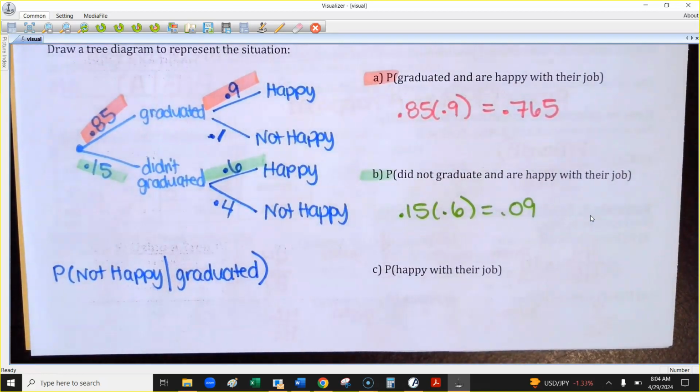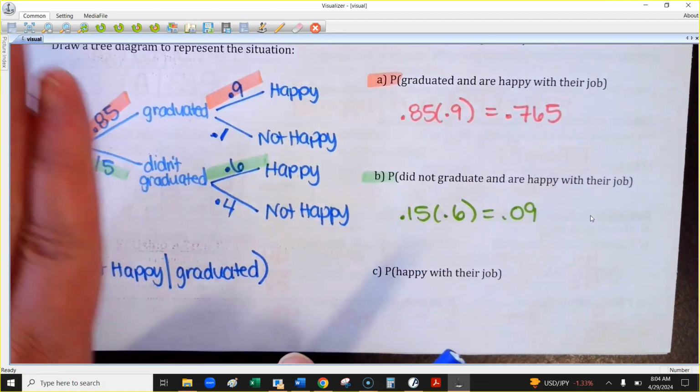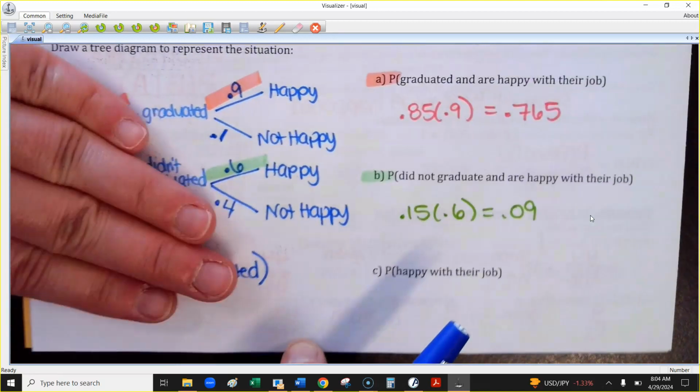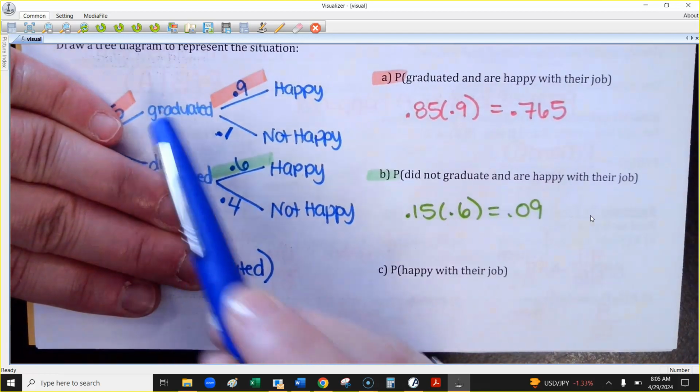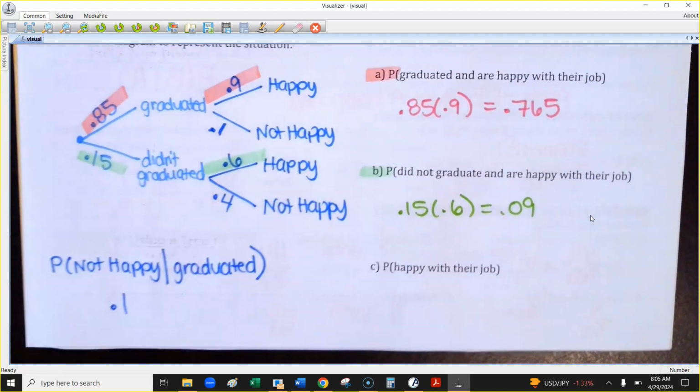It's just 0.1. Yes. If whatever's given to you is one of the first branches, you literally don't even look at those probabilities. Given that they graduated, what's the probability they're not happy? It would just be the 0.1.